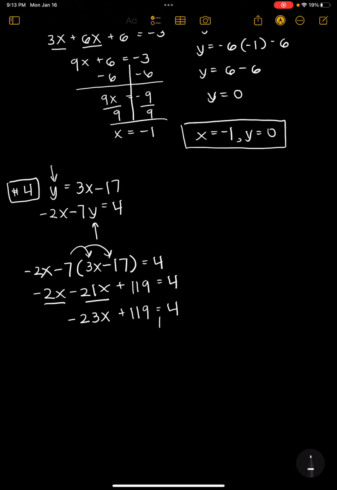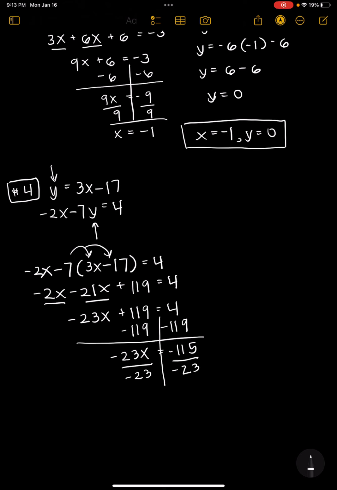Now I'm going to solve that for x by subtracting 119 from each side. You'd get negative 23x is equal to negative 115. And then we're going to divide both sides by negative 23 to get rid of that. You'd end up with x is equal to 5.